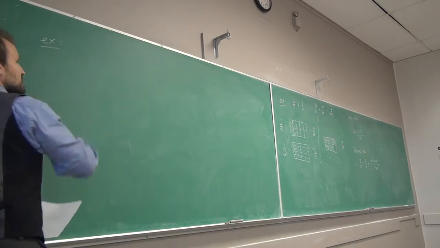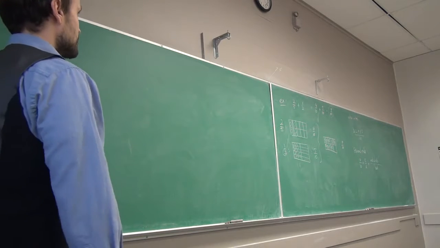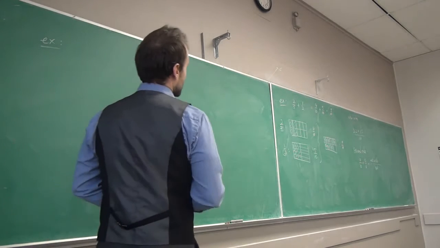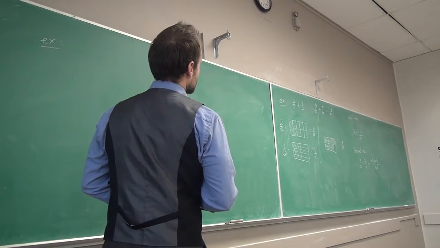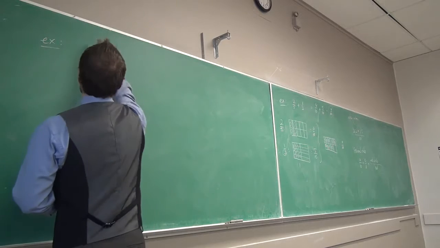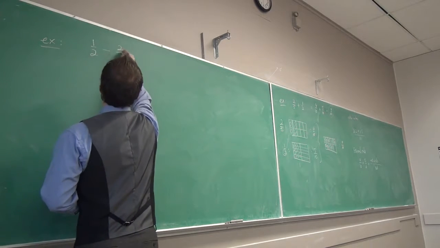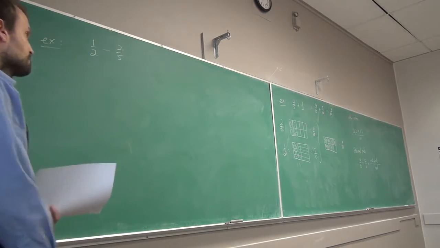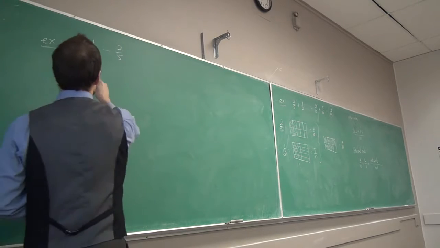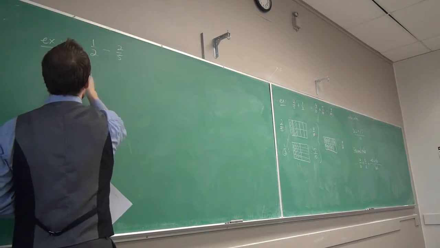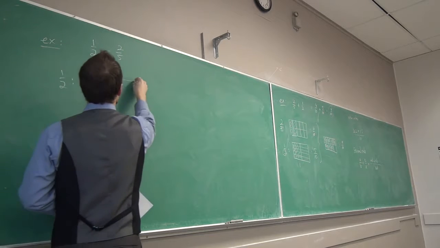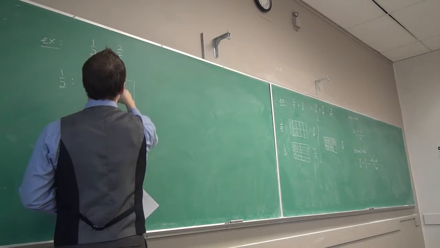Now the subtraction is exactly the same. Exactly the same. Let's take that one. 1/2 minus 2/5. That's exactly the same, except I'm taking away. So I have my first one, 1/2. So I split it like that.